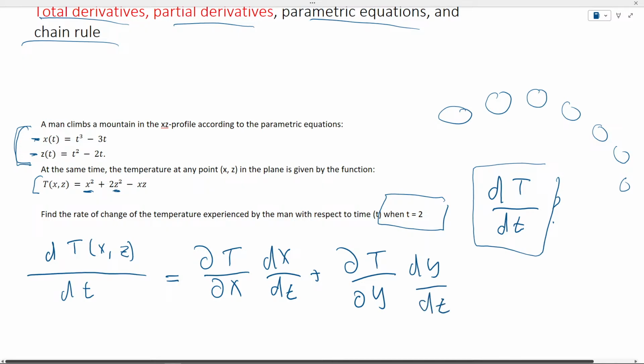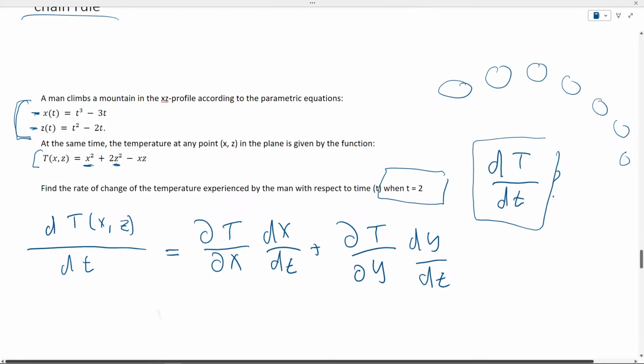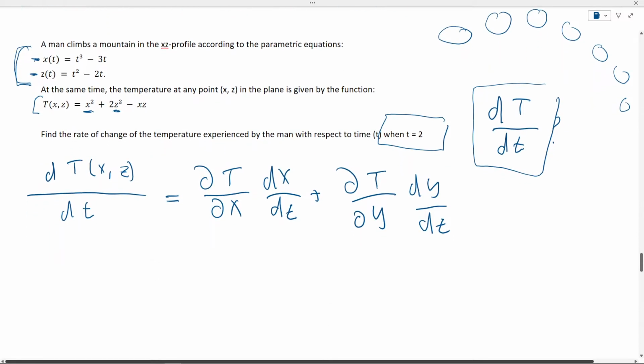So here I'm converting my total derivative to partial derivatives, and then it becomes trivial to solve. To solve something like this, partial t with respect to x, that's equal to what? Here that would be 2x minus a constant.